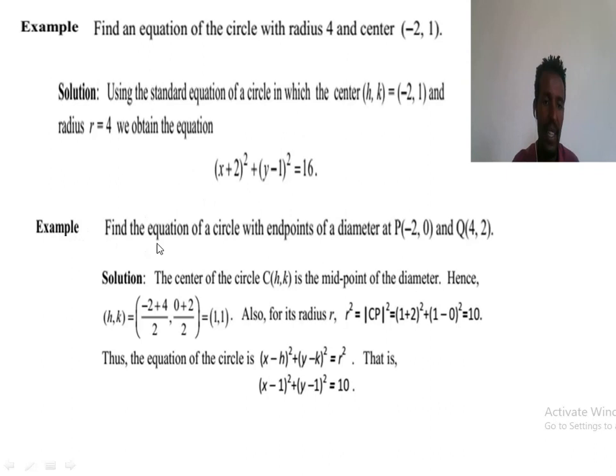Another example: find the equation of a circle with endpoints of a diameter at P and Q. Then, when we find the equation of a circle, we have here only the diameter.